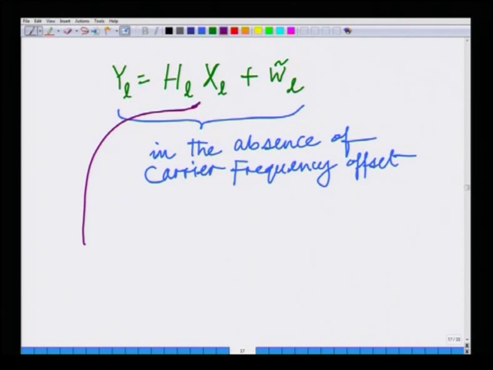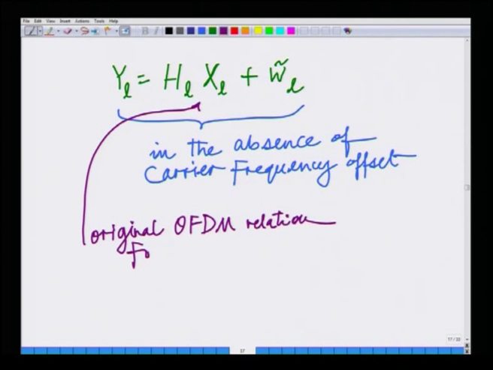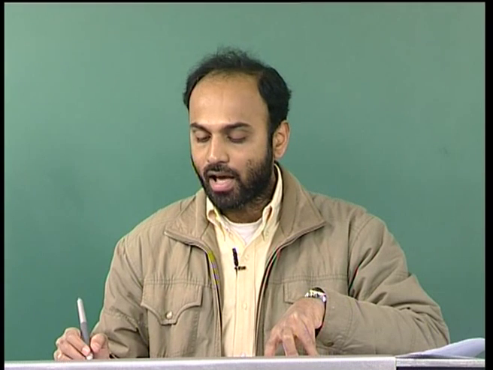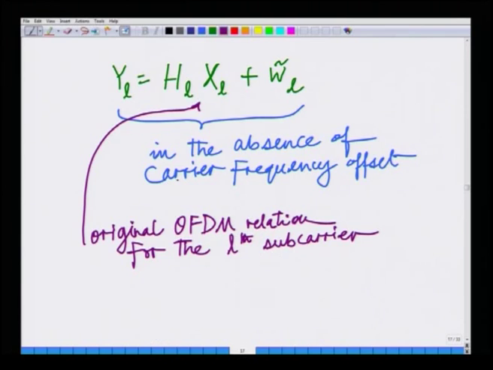This is in fact the original OFDM relation for the Lth subcarrier that we have in this system, that is Y_L equals H_L times X_L plus W̃_L.